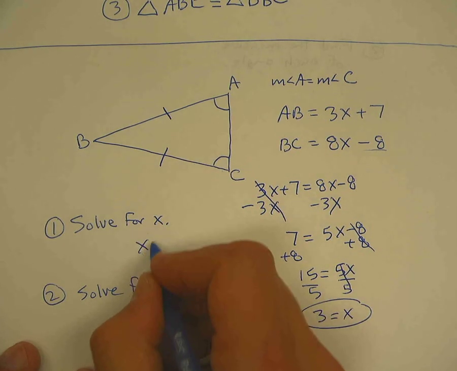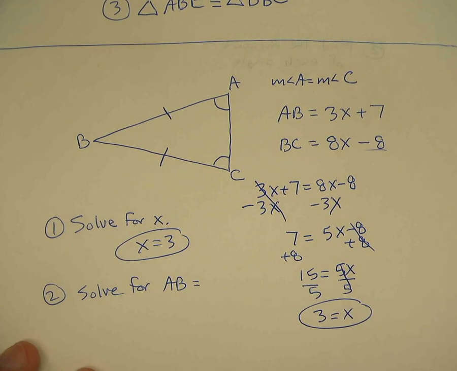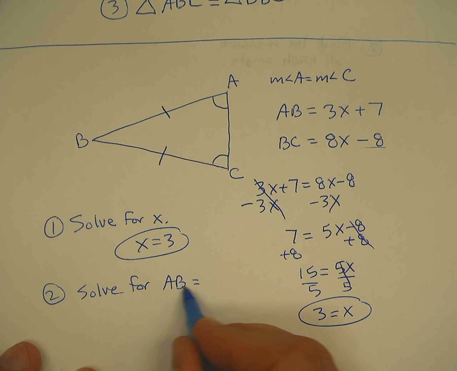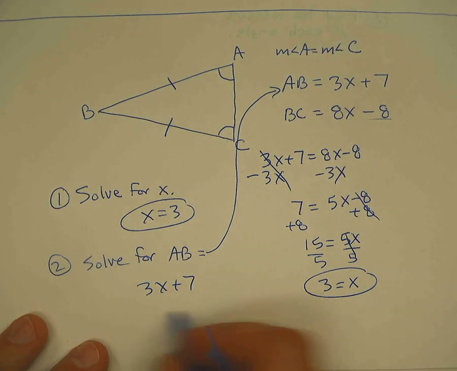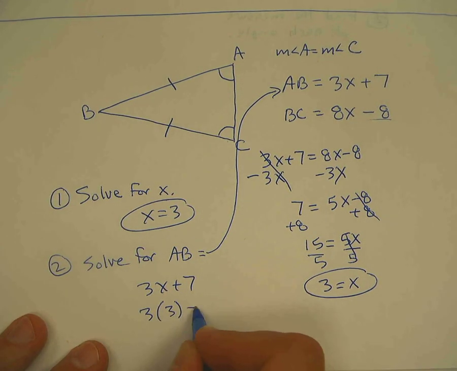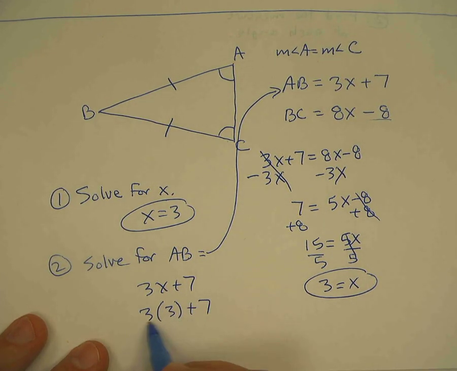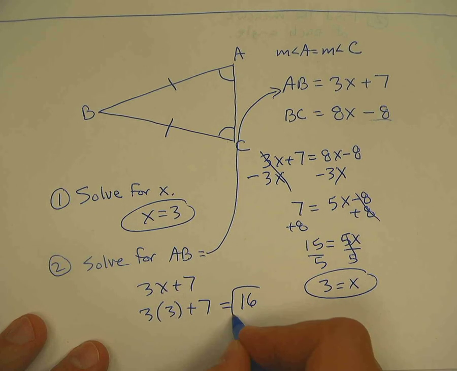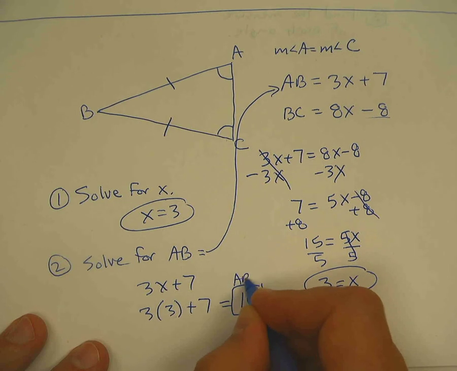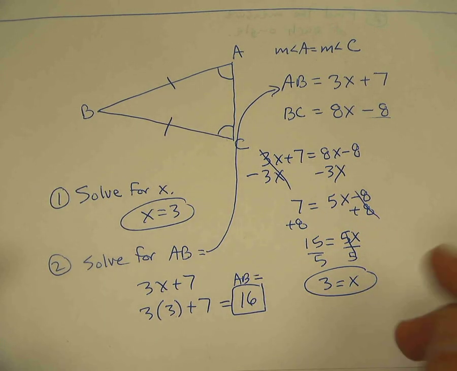The next thing I want to do is solve for AB. Well, I know AB is equal to 3x plus 7, right? So I take 3 times 3 plus 7. This is 9 plus 7, which is 16. So AB is equal to 16.